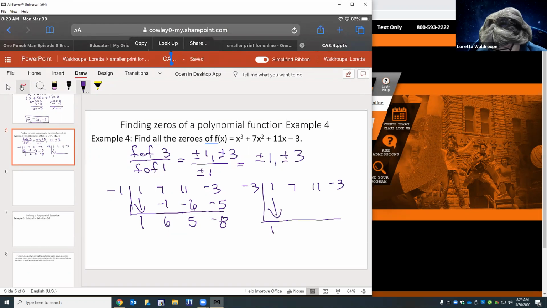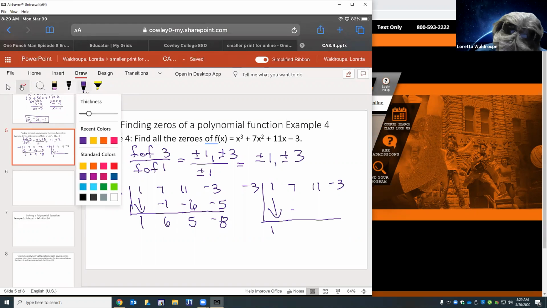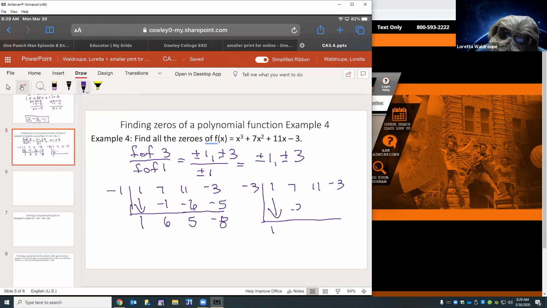First one comes down, multiply, that's a very bad 3. Add, multiply, add, multiply, add. There I go, I found my 0, didn't I?